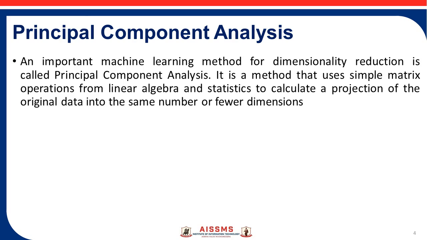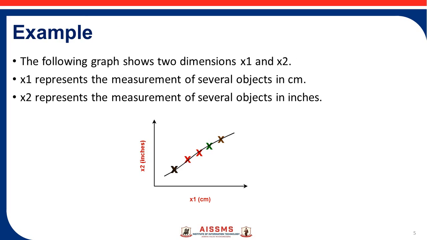In this technique, we use simple matrix operations from linear algebra and statistics so that we can calculate the projection of the original data into some number of features. The number of features can be the same, or we can consider fewer features or dimensions. We will explain an example of principal component analysis.